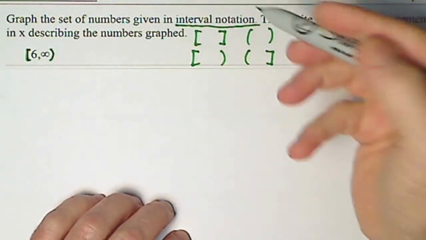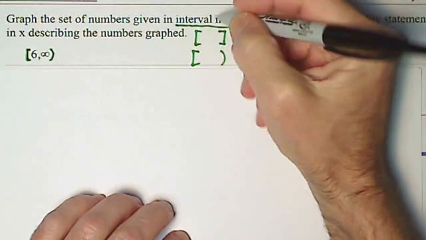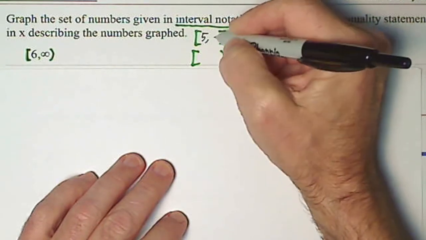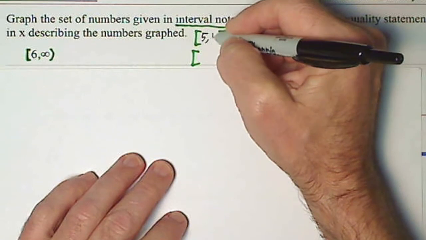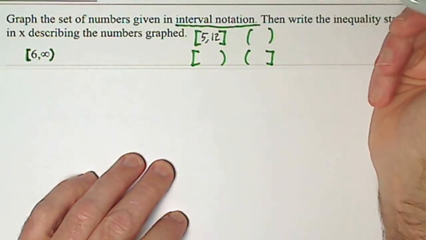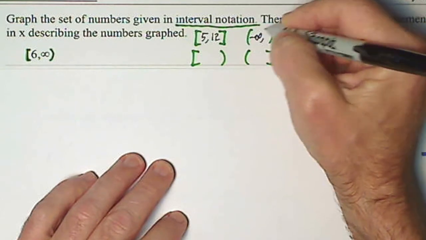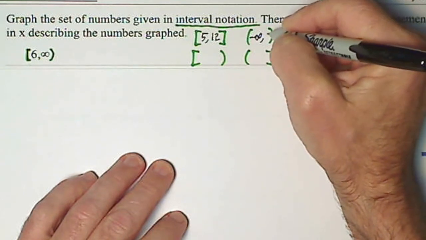I'm not going to graph these, but maybe to try to make the point. I don't know if you'll be able to see this, but this could be, say, 5, comma, 12. This could be negative infinity, comma, 3.